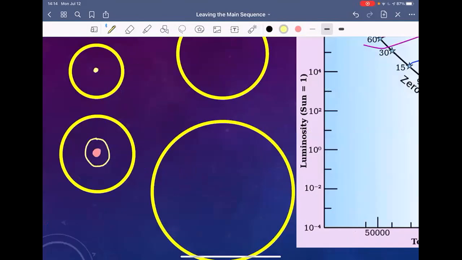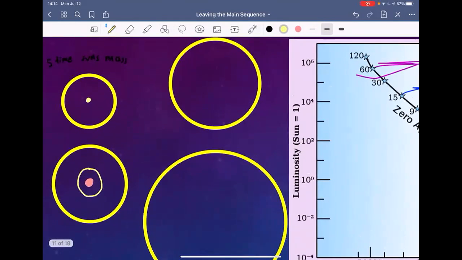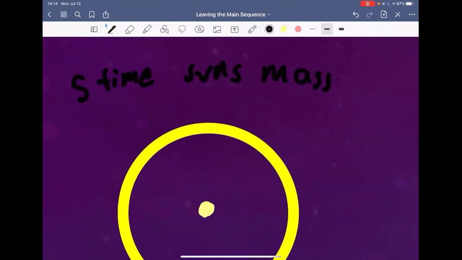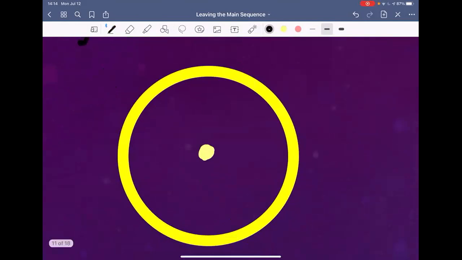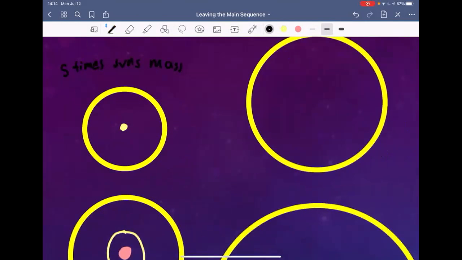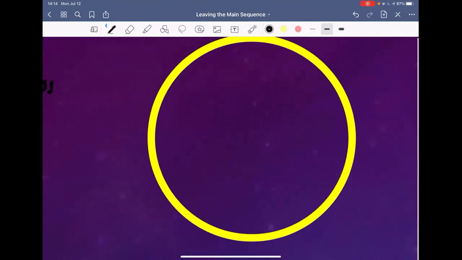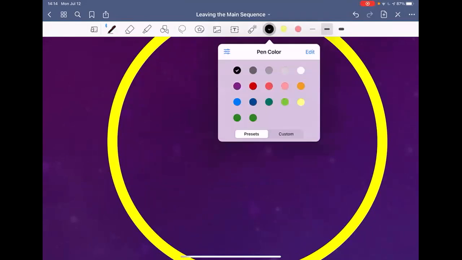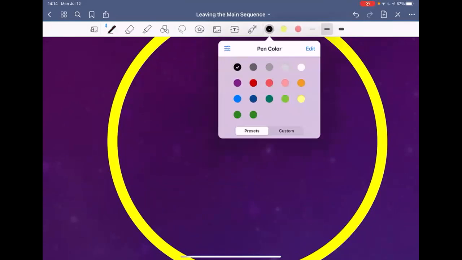like that, right? But since this star is so much bigger than the sun, it has 5 times the sun's mass, it's really, really massive, and therefore it has a lot more heat and a lot more density than our own sun. And as a result, it can easily fuse helium. And what happens is that helium starts to fuse and it deposits carbon. So let's leave carbon as black.